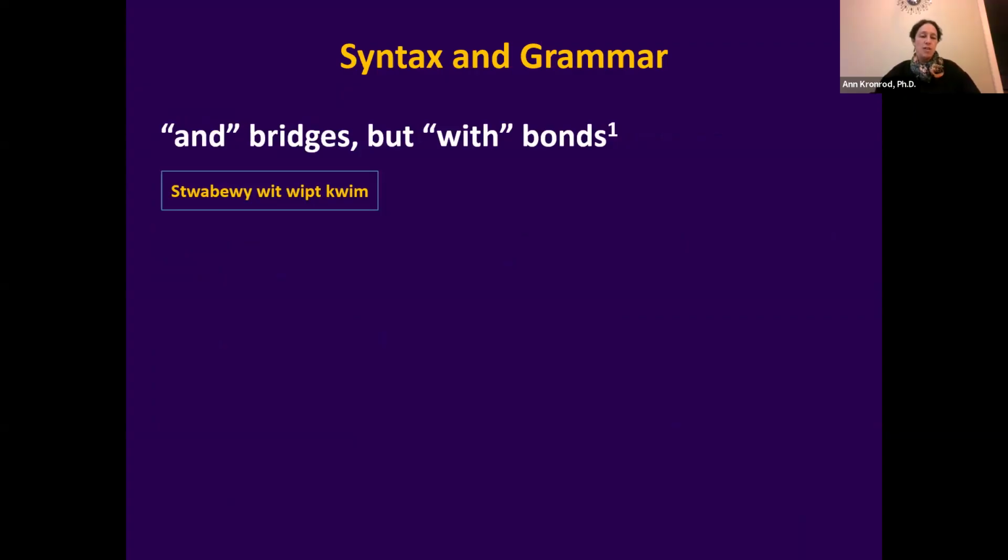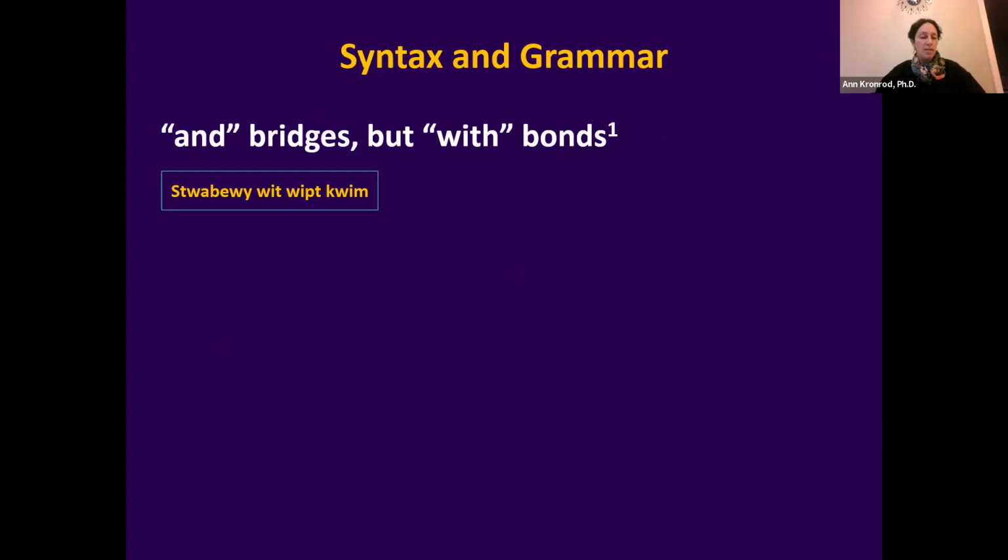So what does research show us? For example, research shows that if you choose a connecting word, and versus with, it sounds like it's kind of the same thing. Well, it looks like it's not.